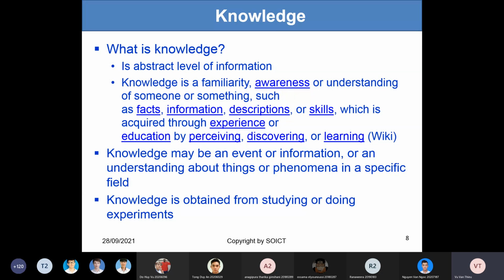So knowledge is a familiarity, awareness, or understanding of someone or something, such as facts, information, descriptions, or skills, which is acquired through experience or education by perceiving, discovering, or learning. So from information, from the fact, from description, from skills, after having many experiences or from education, we have knowledge.